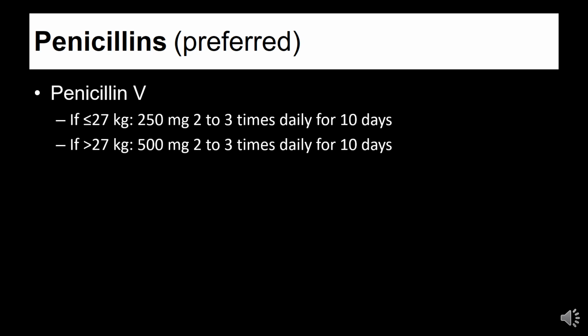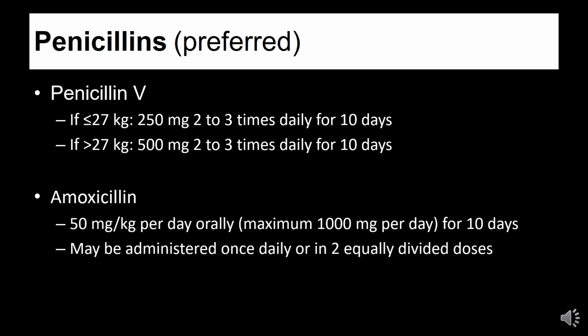Penicillins are the drugs of choice or the preferred antibiotics. We have Pen V. A child who is less than 27 kilos gets 250 milligrams 2 to 3 times daily for 10 days. If they're more than 27 kilos, you give them 500 milligrams 2 to 3 times daily. The duration in both cases is 10 days. The other penicillin that you can give is amoxicillin.